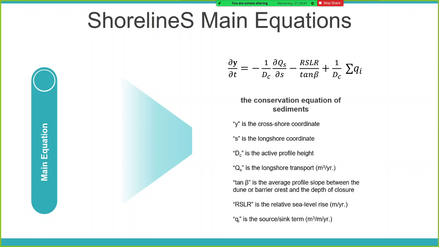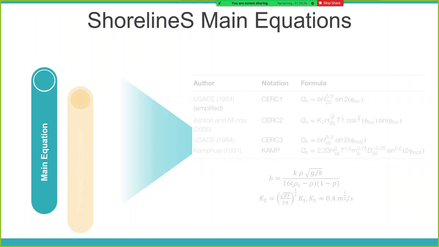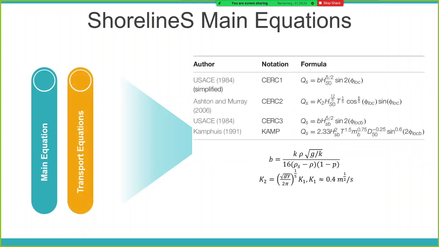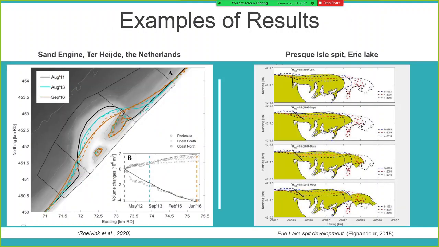The main equation governing ShorelineS is the conservation equation of sediments, and there are four options to use in the transport equation: CERC 1, 2, 3, and Kamphuis. There are a lot of case studies implemented using ShorelineS, for example the Sand Engine and the Erie Lake spit development.